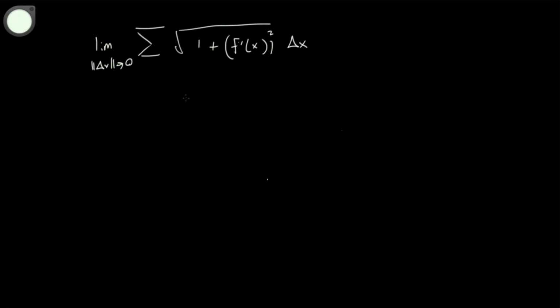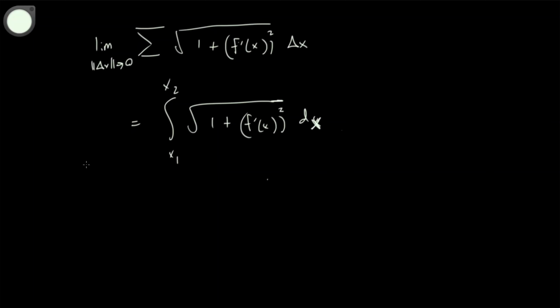When that happens, we turn it into an integral. We're going from our starting point to our ending point, which in my example previously was x2, and we have 1 plus the derivative quantity squared dx. And this is the arc length given a small change of x.